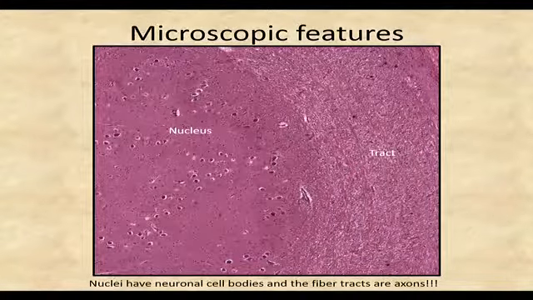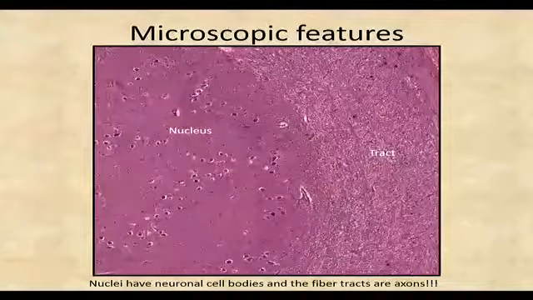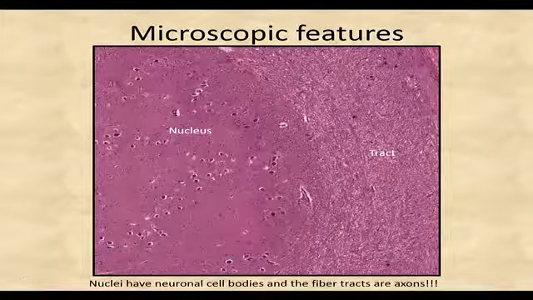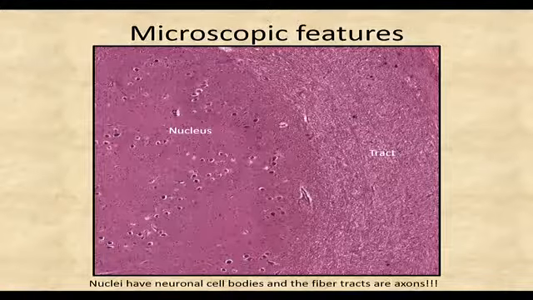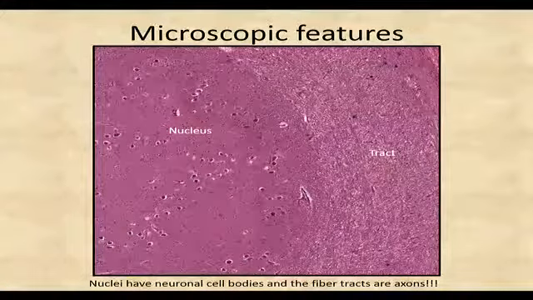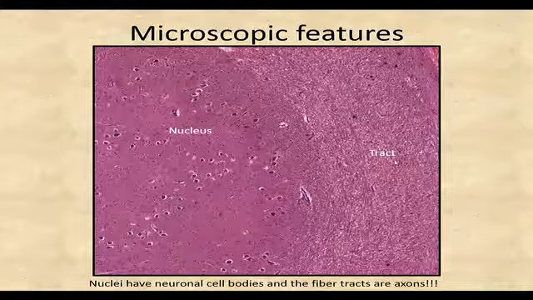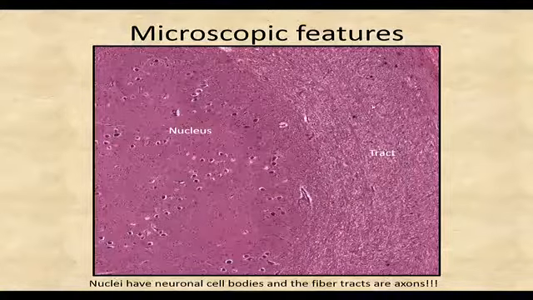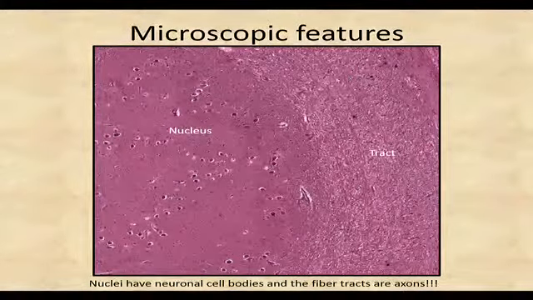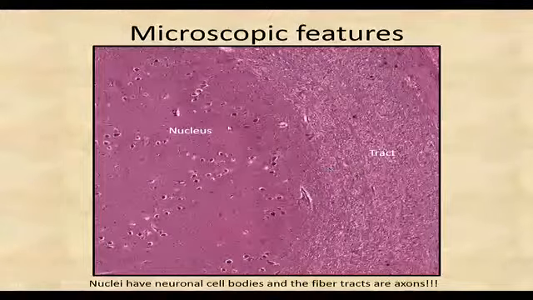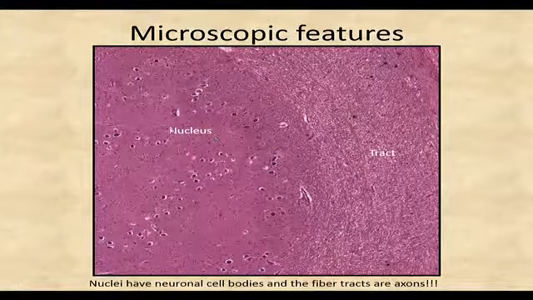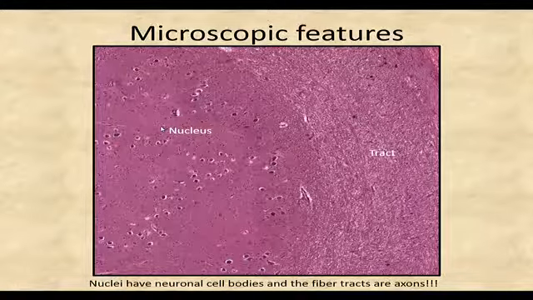I want to point out and not have everything a cartoon image that these things are real. And when we looked at the microscopy of some of the central nervous system, hopefully you can remember that the tracts that we talk about now are actually axons. So we'll see axons when you look at these close up versus the nuclei having cell bodies in them, neuronal cell bodies.